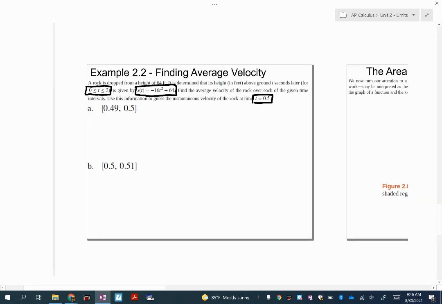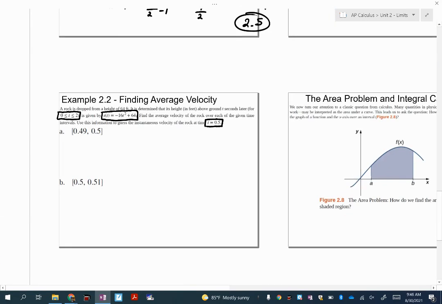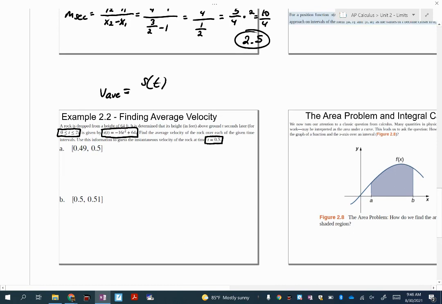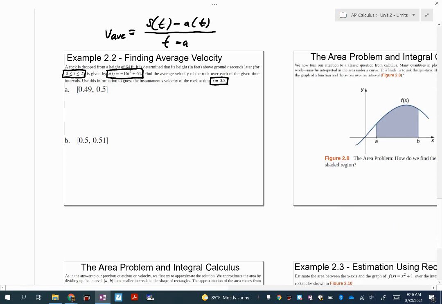We're going to use that formula from the previous slide. The average velocity is the change in the position of your object over the change in time. So we just copy that formula.